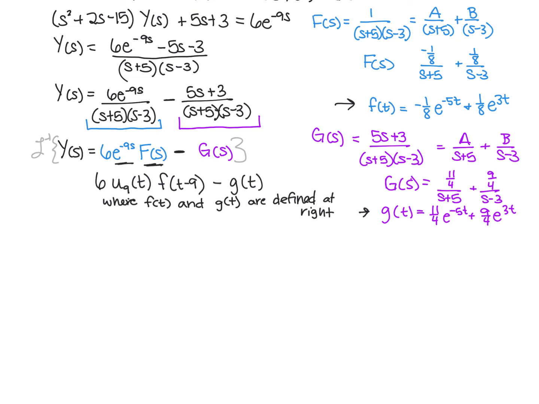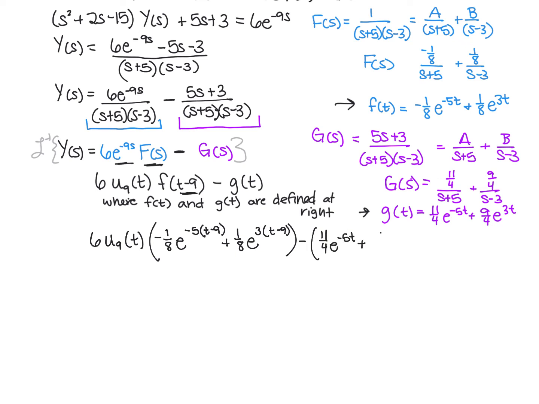If we went ahead and substituted those back in, given that this first part is my unit step function, and this needs to be f of t minus 9, what I would have here is negative 1/8 e to the negative 5t, but t needs to be t minus 9, plus 1/8 e to the 3t, but it needs to be t minus 9, minus 11/4 e to the negative 5t, plus 9/4 e to the 3t.